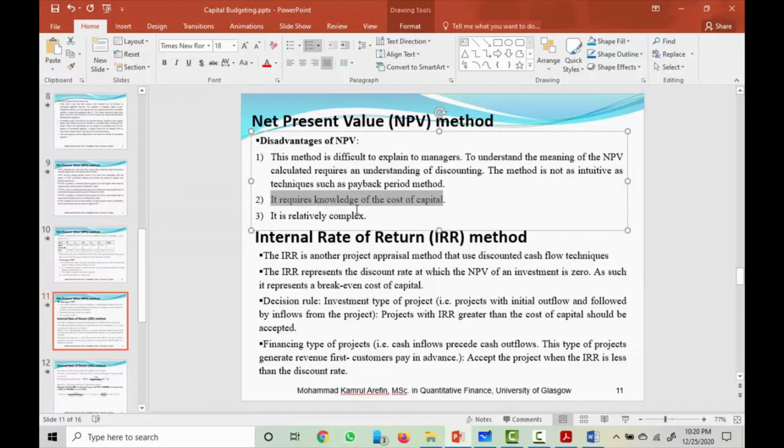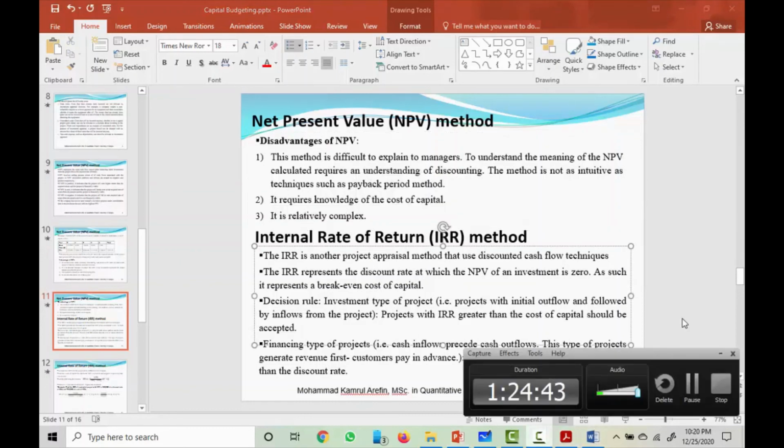To calculate NPV, you first need to figure out the rate of return you should look for from the project, and for that you need to know the cost of capital. So again this requires some financial knowledge. It is relatively complex. Well, we know that.